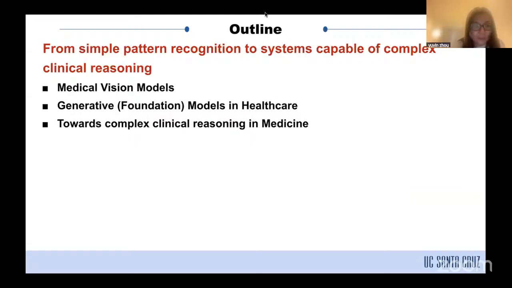Secondly, we would like to introduce the generative foundation models in healthcare. I will talk about some recent progress in this aspect and also some of our recent works that use generative AI to tackle different challenges in healthcare. And finally, I will introduce our recent works towards complex clinical reasoning, especially the reasoning LLMs in medicine.